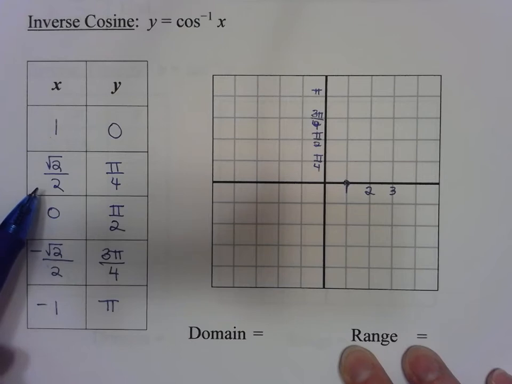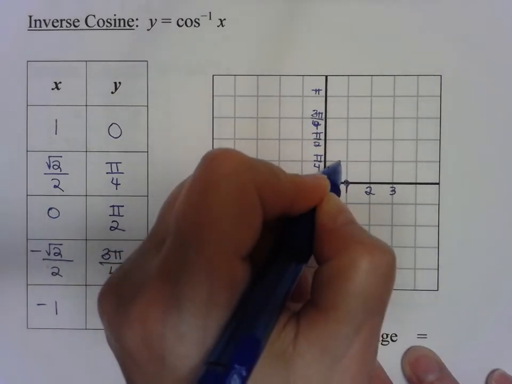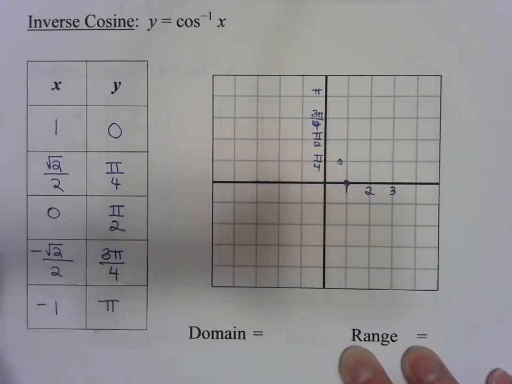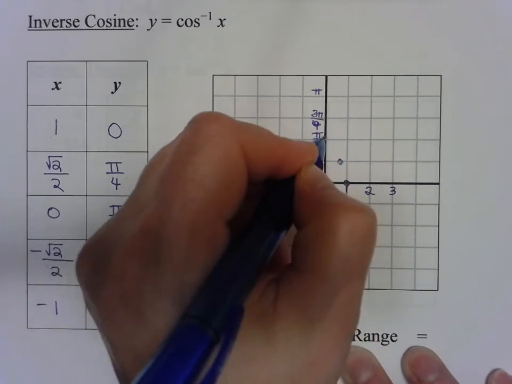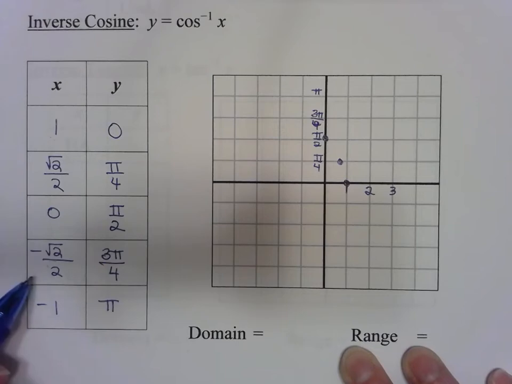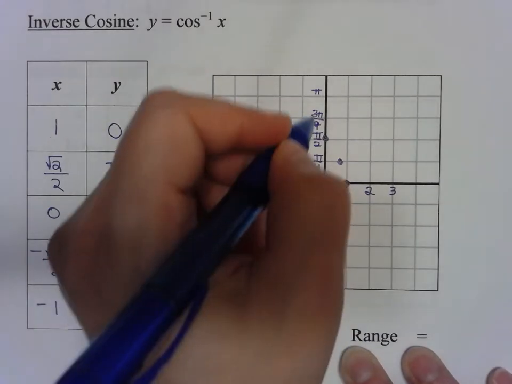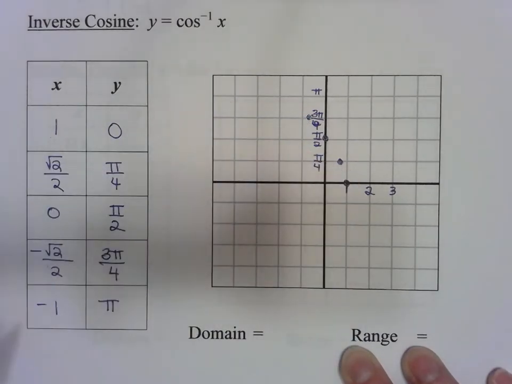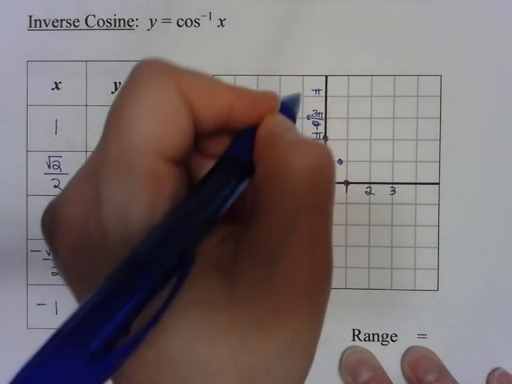Square root of 2 over 2, remember we said that's about 0.7, is at pi over 4. Then (0, pi over 2), negative 0.7 at 3 pi over 4, and then -1 at pi.